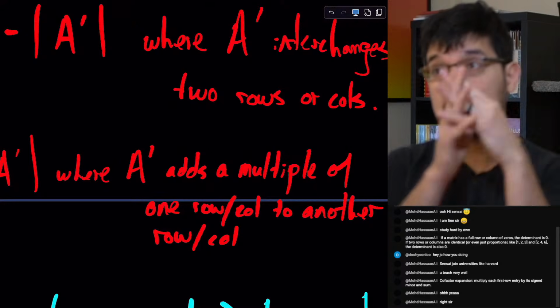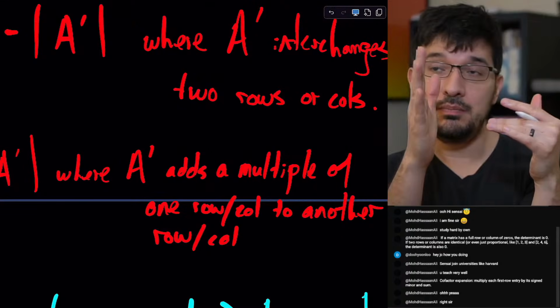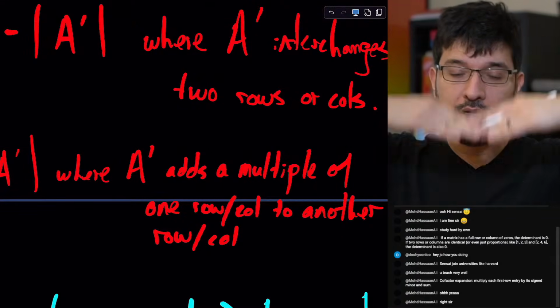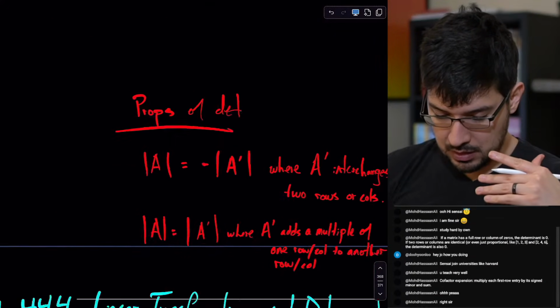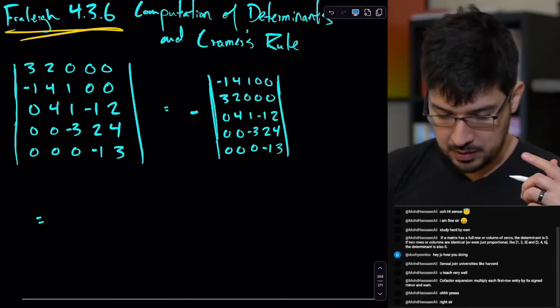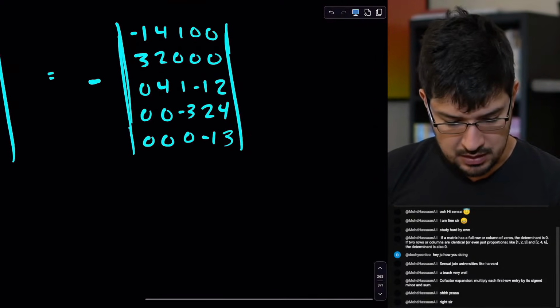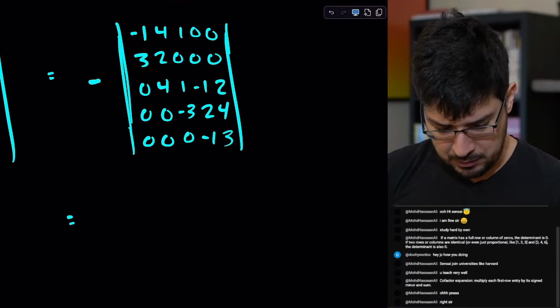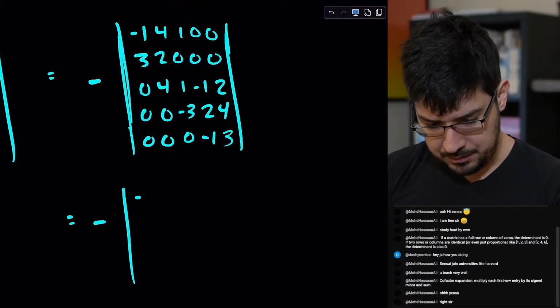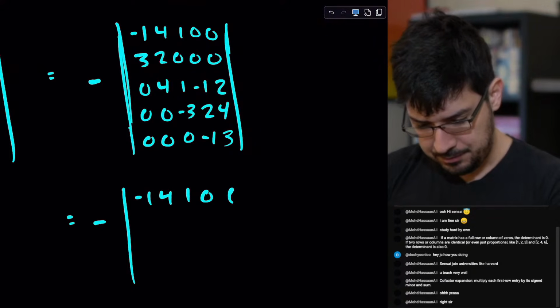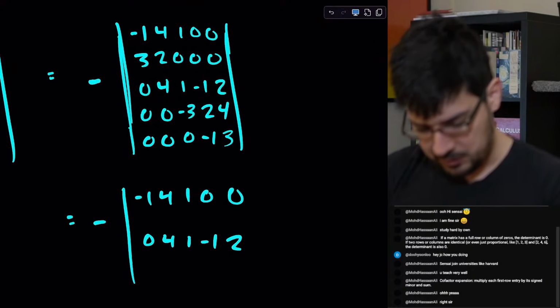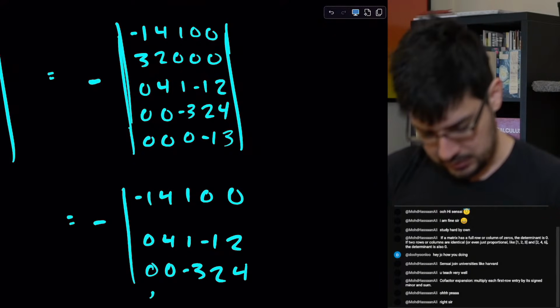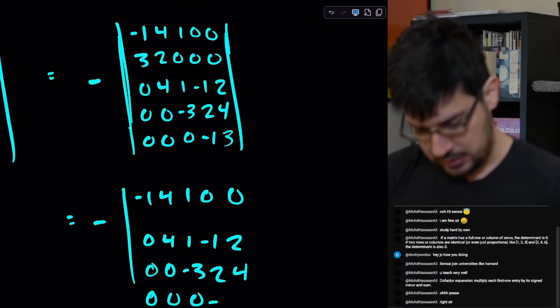Of course, you can't add a row to a column, but you can add a multiple of any row to another row. So what does that mean? Let's be more precise about that. Let's keep the first row the same. Let's keep the third row the same. I think you see where I'm going with this. 0, 0, -3, 2, 4, 0, 0, 0, -1, 3.